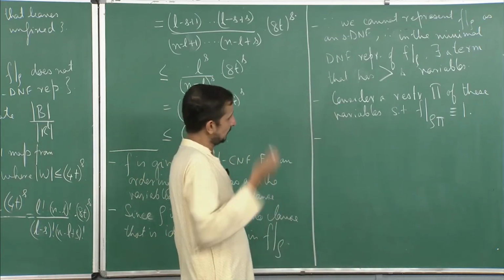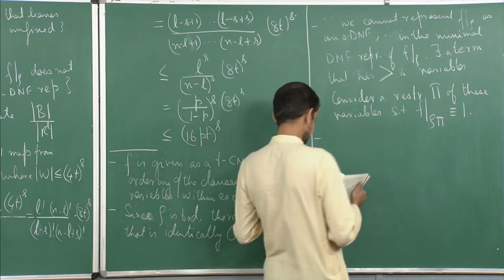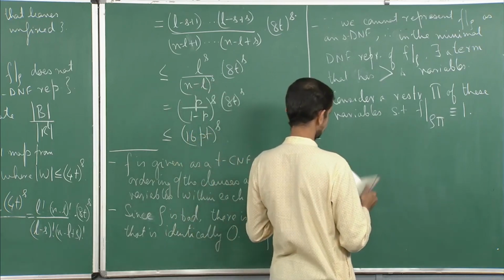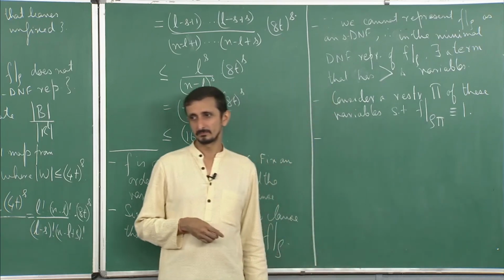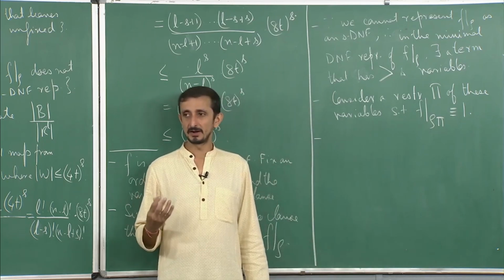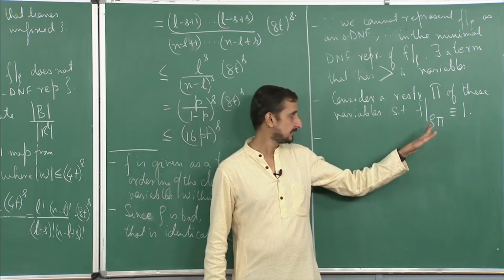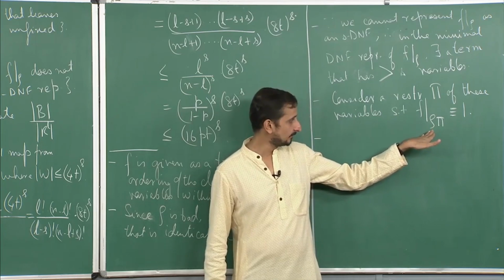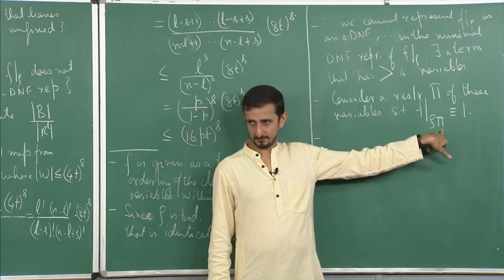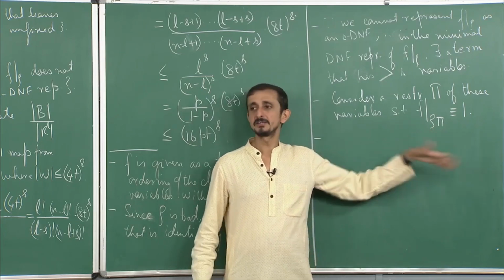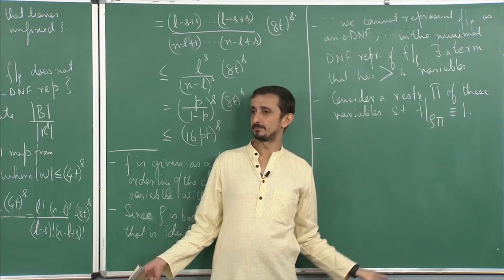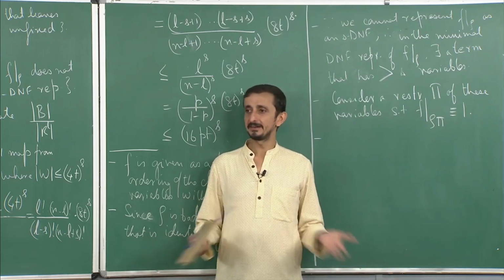Okay. Now, identically equal to 1 means that if I take the function f and fix the variables according to rho and pi, the function is 1, it does not depend on the other variables any longer.